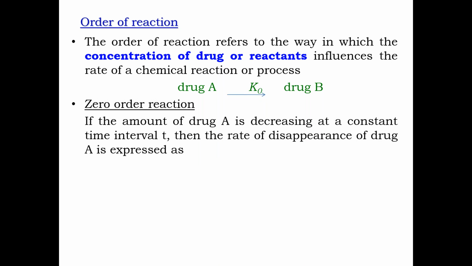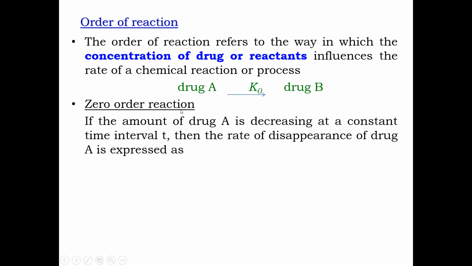The rate of change of drug A is independent of the initial concentration or the initial amount of the drug. That's why it is called zero order kinetics. It does not influence the speed at which the change is happening or the drug is degrading. Degrading is nothing but some change happening, correct? So whatever the speed at which the change is happening, that is independent of the initial amount of the drug.